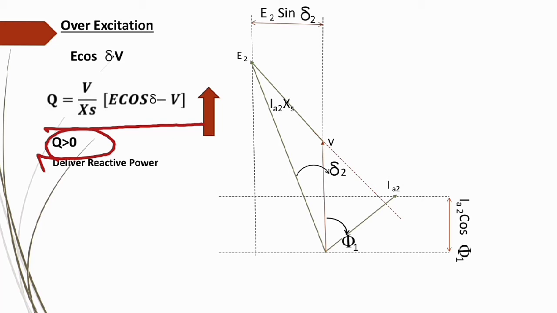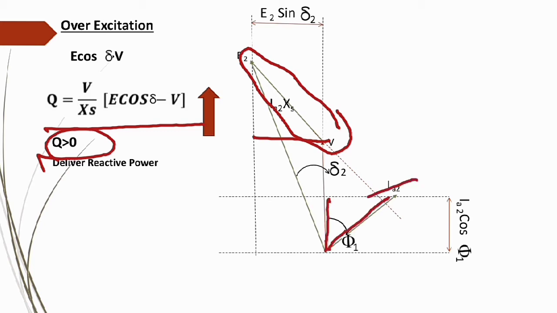Here you will also note that the value of Ia2 Xs is large. In the previous case the value of Ia Xs is this. In this case the value of Ia2 Xs is increased. It is because the armature current is increased, because in my previous case the armature current is this, and in this case the armature current increases.